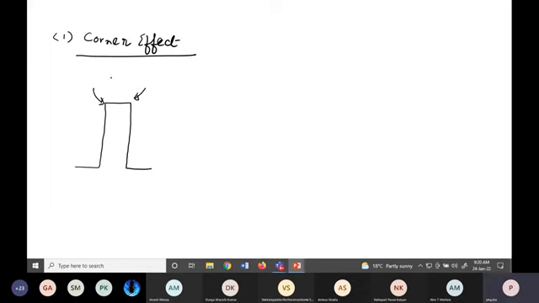So if I apply a voltage, although the voltage will be uniform at a particular position of the fin, because of this corner, the electric field near these corners will be higher compared to these edges.